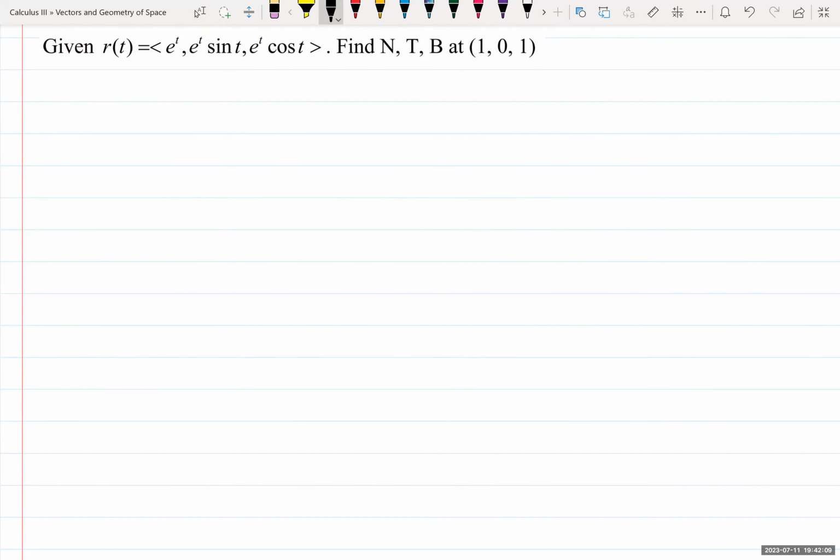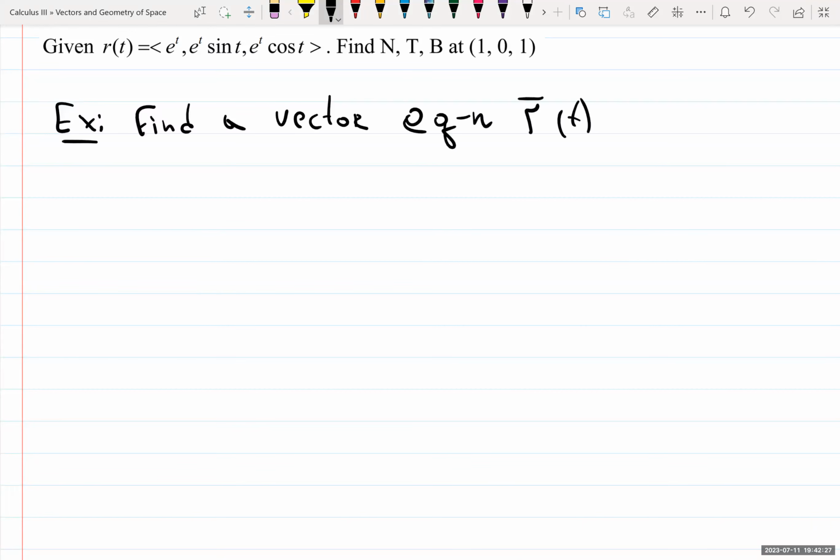Here it is. Example. Find a vector equation, EQN, that's the equation, R of t for the line. Oh, I see. I wanted to practice this because it's the new notation stuff.